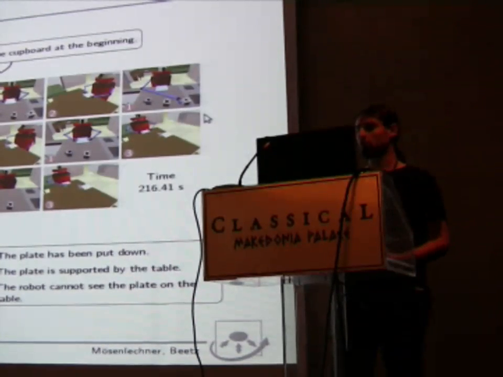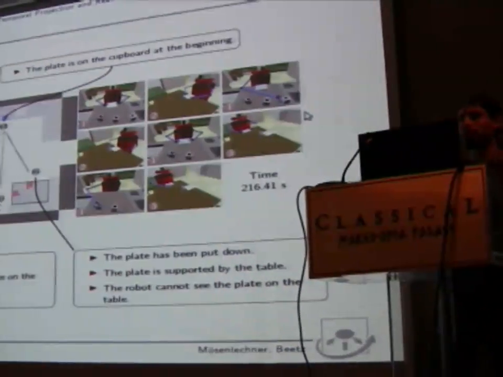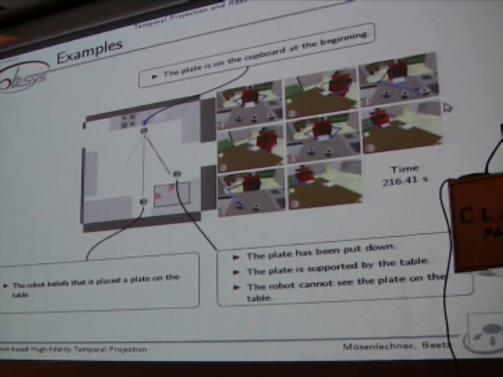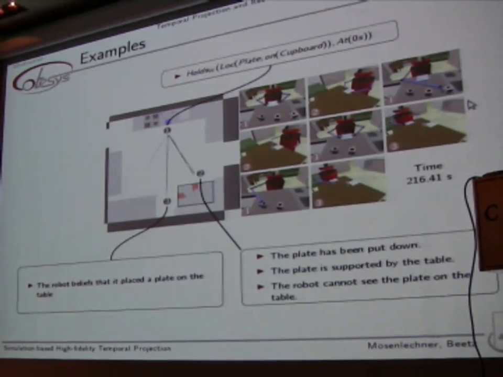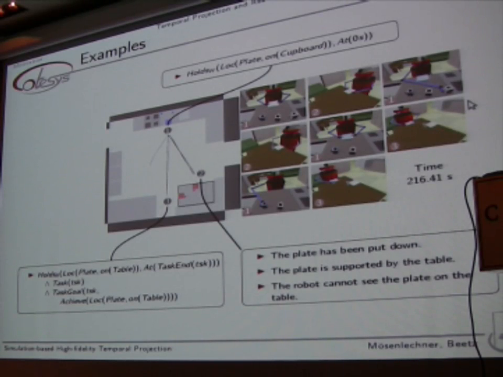So now we come back to the examples of the beginning. We now have defined some logical formalisms to describe these conditions in the world. So basically the first one is the location is on the cupboard at time point 0. The next example is that the robot put down the plate on the table, so it executed the action to achieve that the location of the plate is on the table, and it believes that the location of the plate is really on the table.